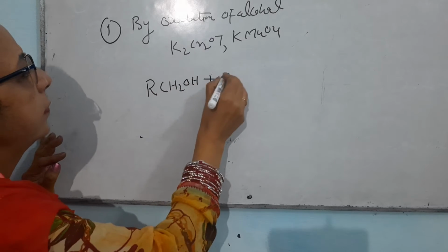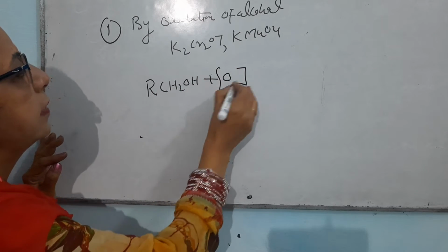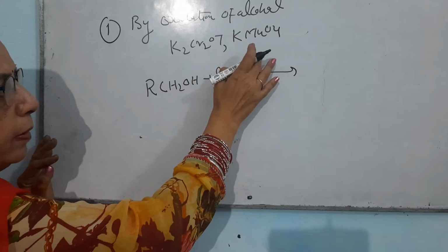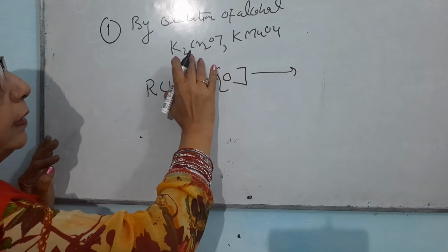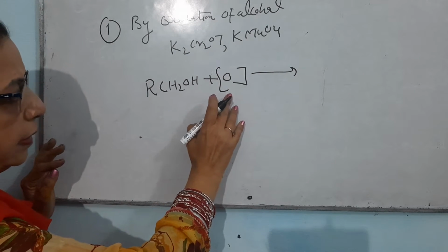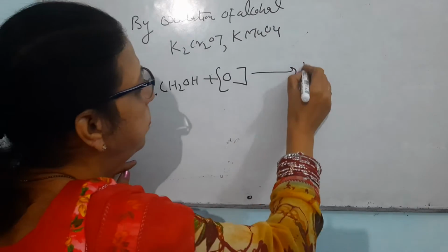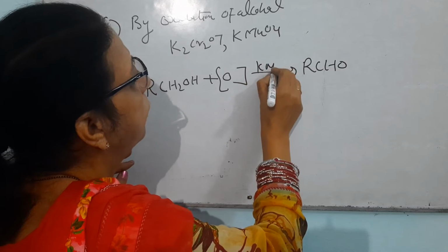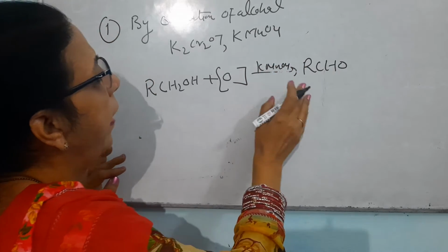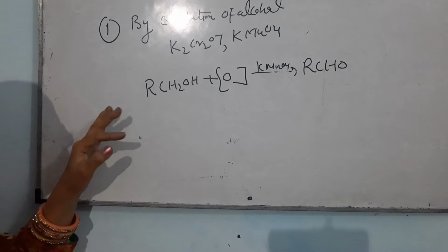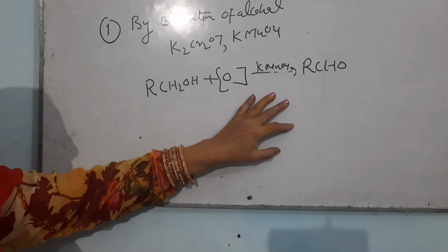RCH2OH. The reaction is taking place with nascent oxygen because the potassium dichromate or potassium permanganate, they are either taken alkaline or acidic. There is a formation of nascent oxygen and there will be conversion of alcohol in the form of aldehydes. So the same method is used for the preparation of ketones.